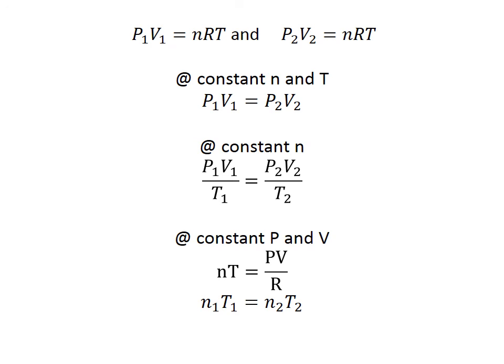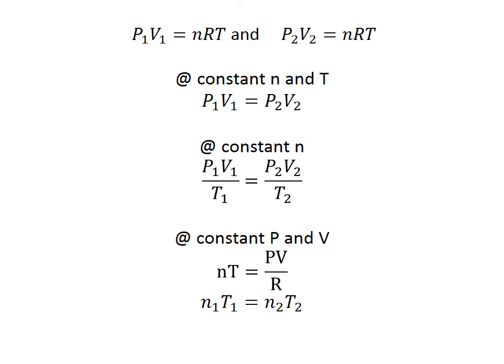So how do you know when to use the different gas laws? You have to look at what you're given. If you're given changes, initial pressure, initial volume, final pressure, final volume, or something of that kind, then you're going to use this gas law, a relationship between pressure and volume. If you're given number of moles and temperature, you get to use this.